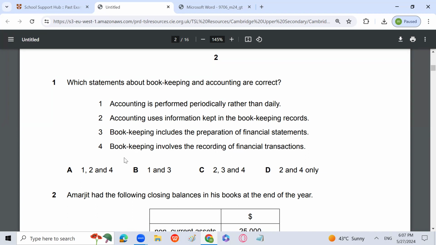So 1, 2, and 4 is the answer, so A is the answer for this question. Bookkeeping involves the recording of financial transactions. The one statement about accounting is correct: that accounting is performed periodically. It's not related to bookkeeping, but it is still correct.